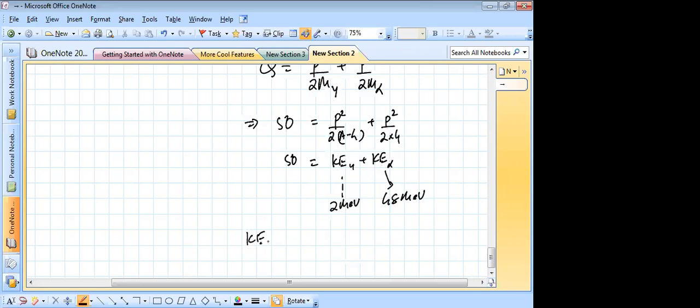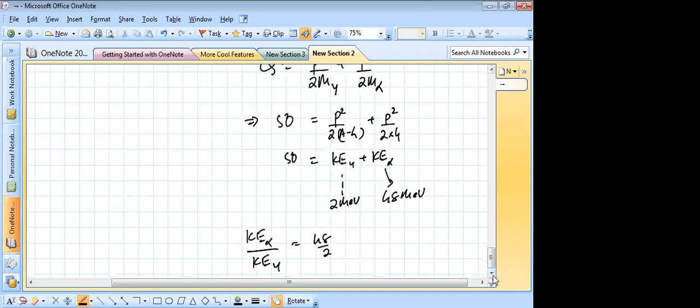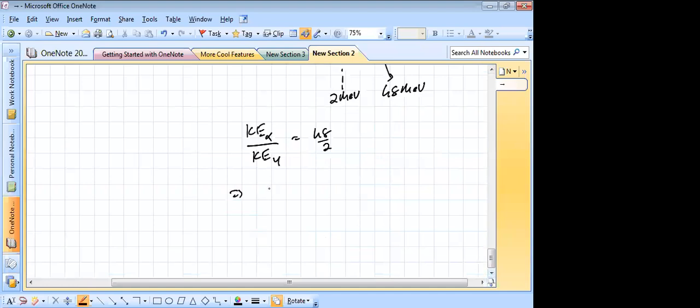So kinetic energy of alpha particle is to kinetic energy of this thing, the daughter nucleus, is 48 by 2 or 24. Now kinetic energy of the alpha particle is that linear momentum p squared divided by 2 times 4 atomic mass units, and this is p squared divided by 2 times A minus 4 atomic mass units. Okay. So that is 24.